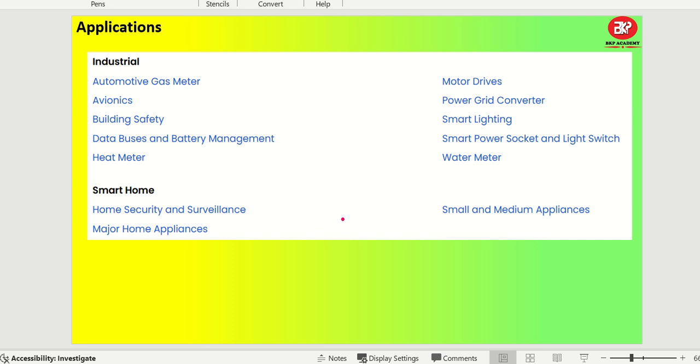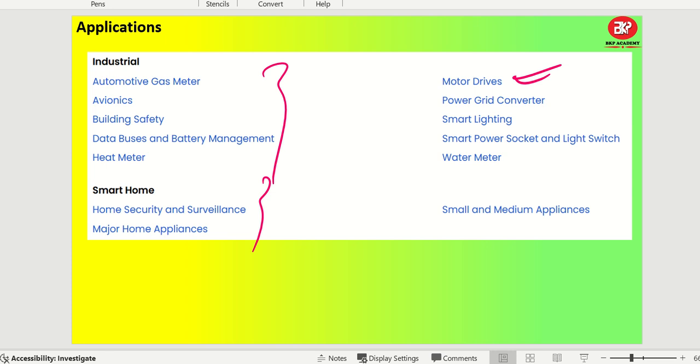It has other applications like industrial applications and home appliances, such as fridges, washing machines, mixers. Motor drives is one of the most important applications for this microcontroller.